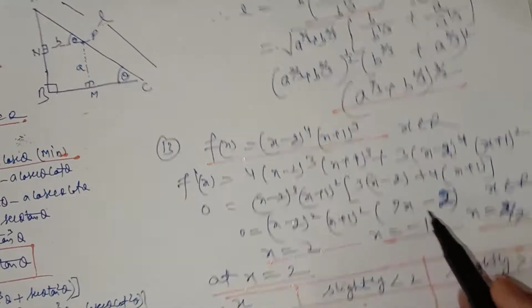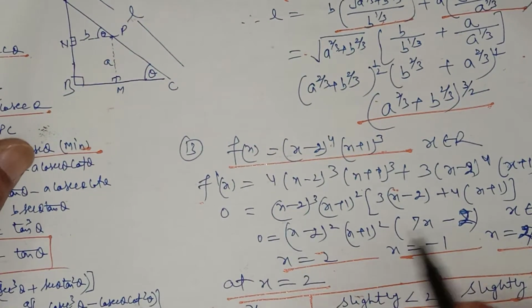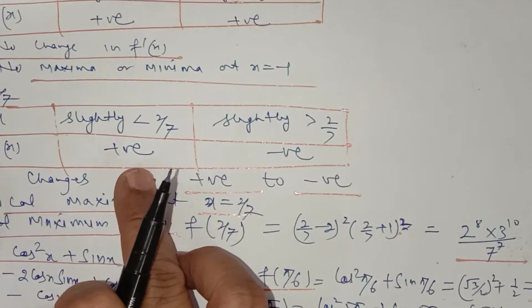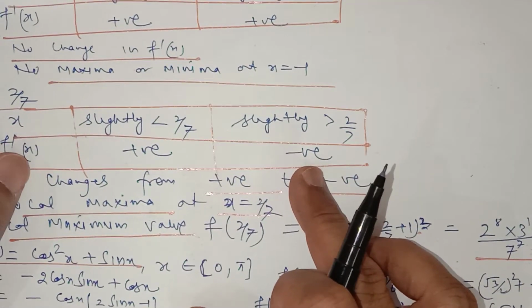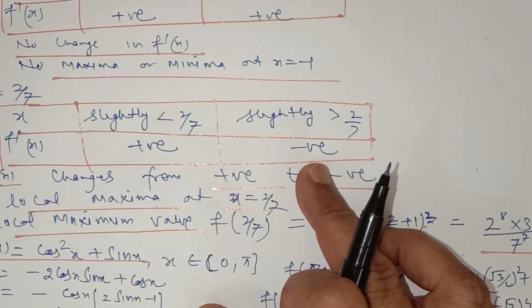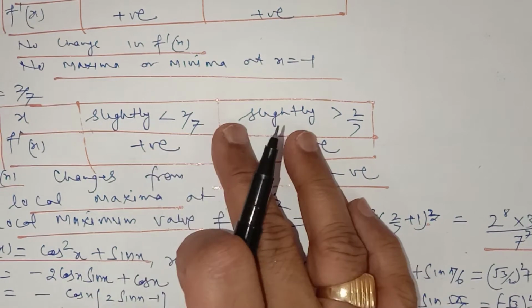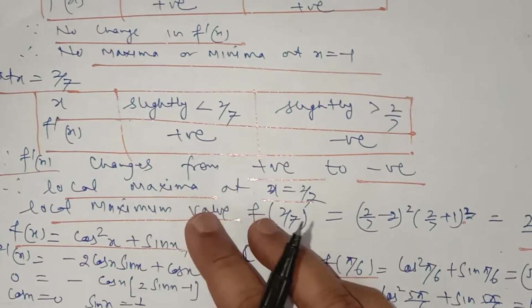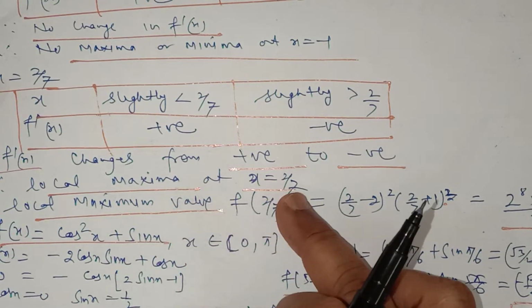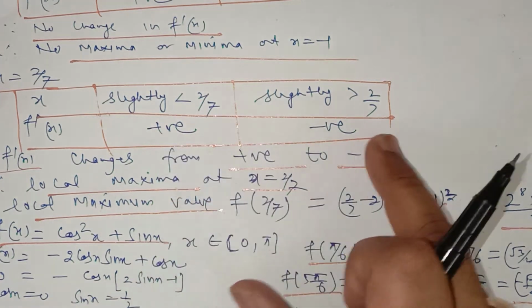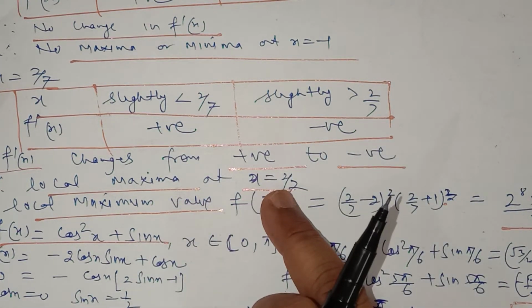Now at x equal to 2/7, when you take the value of x slightly less than 2/7, the first derivative will be positive. When the value of x is slightly more than 2/7, its first derivative is negative. Because the first derivative changes from positive to negative, we have a local maximum at x equal to 2/7.